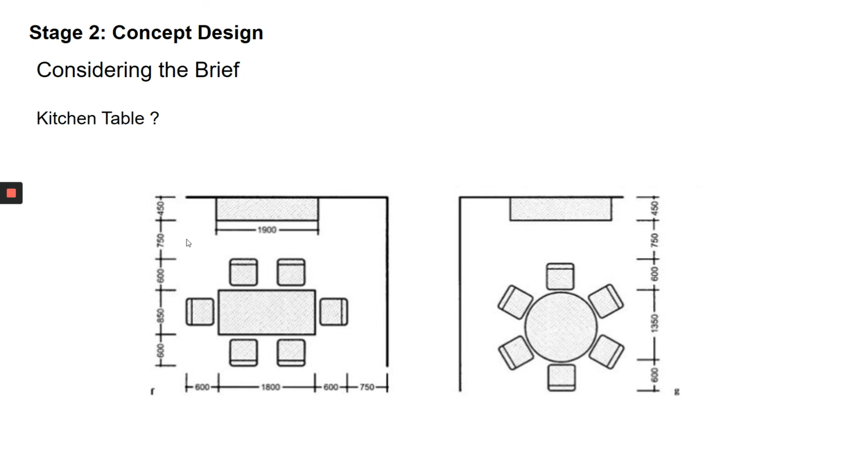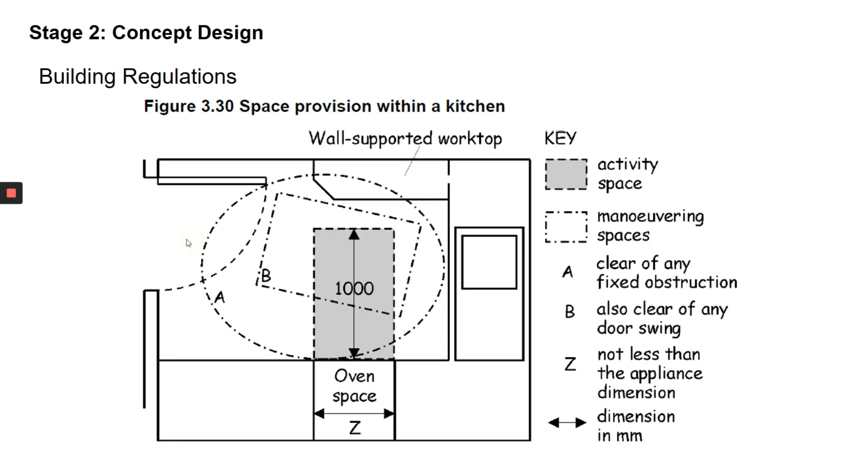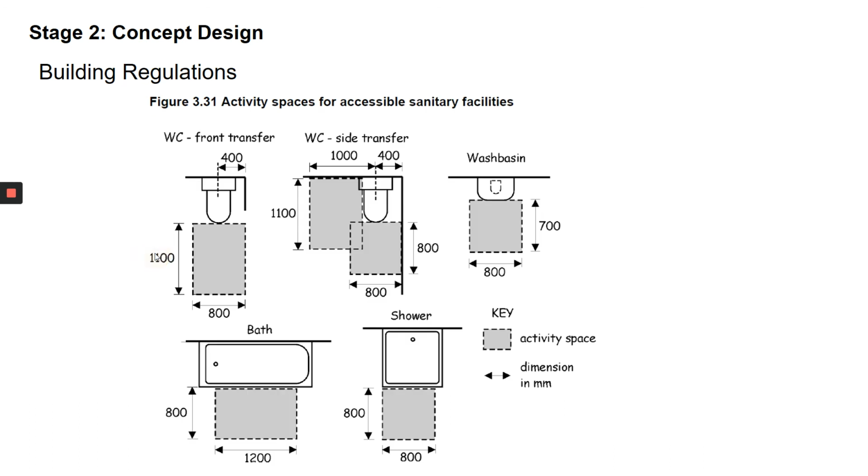So the furniture, the dining tables, someone has plenty of space to sit down, eat their food, and then move. Kitchen layouts, so making sure that we have what's known as activity spaces and manoeuvring spaces. So this is when you start to get further down the line in your design, but you want to be able to consider that at an early stage, while keeping within the design parameters and the metre squareage.